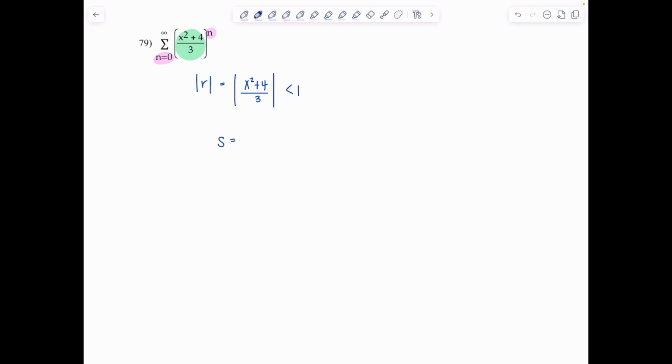So the sum is 1 over 1 minus x squared plus 4 over 3, multiply by 3. And then this is going to be 3 over 3 minus x squared plus 4. And then clean up in the denominator. This is 3 over 3 minus x squared minus 4. So that's going to be negative x squared minus 1.